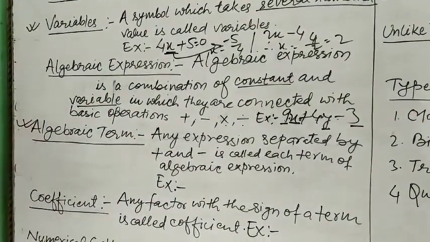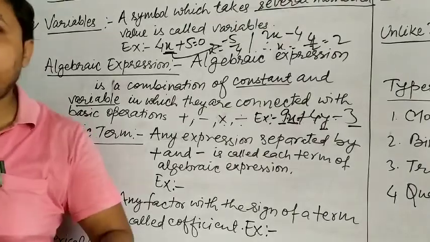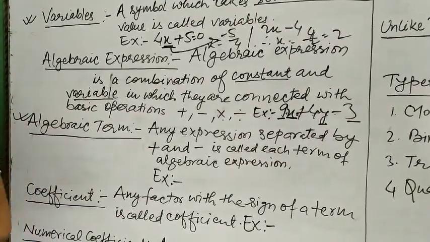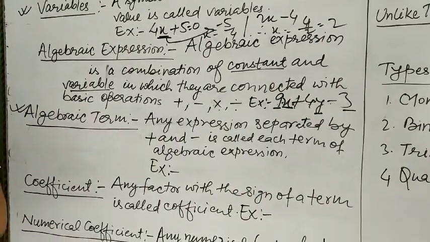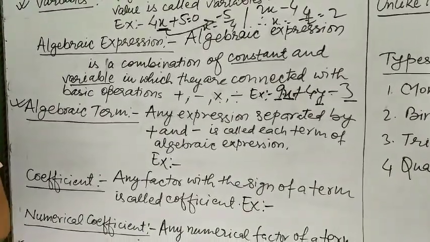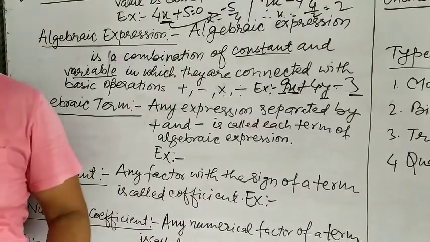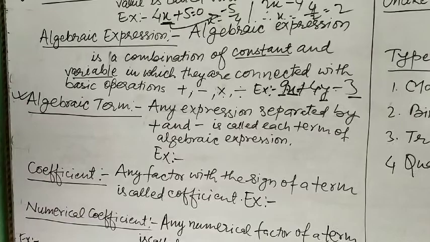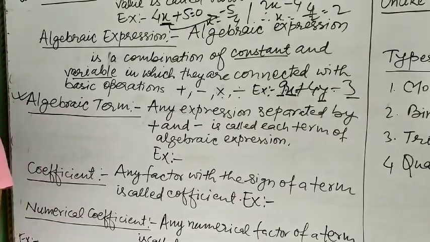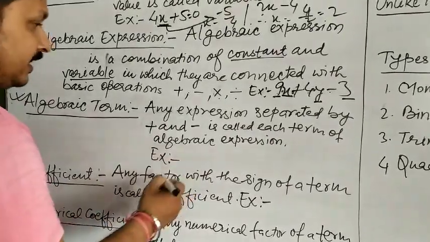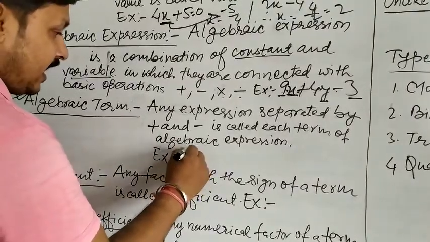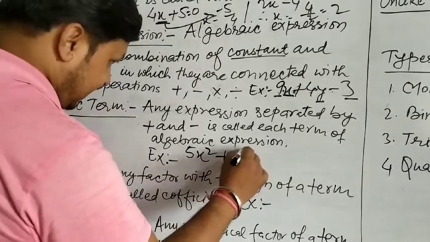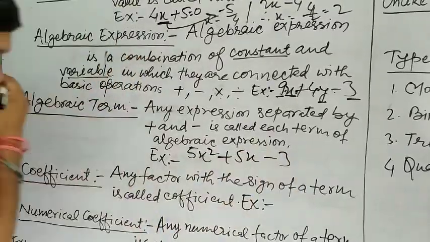Now, algebraic term. What do you mean by algebraic term? The combination of constants and variables. After each term, a plus or minus sign is given. That means one term, second term, third term. For example, 9x square plus 5x minus 3.